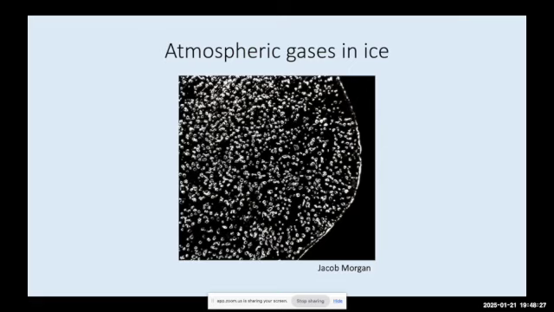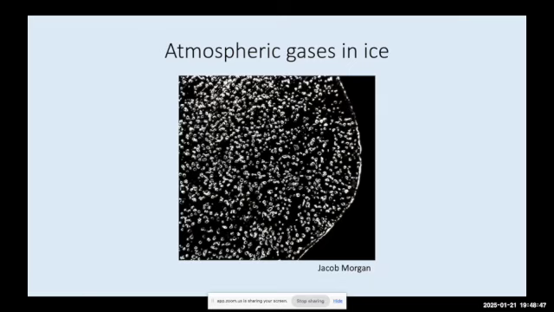Look at this photo that my colleague Jacob Morgan took of a thin section of an ice core. What is quite beautiful and amazing about it is these tiny little bubbles. About 10% of the volume of glacial ice is actually air.